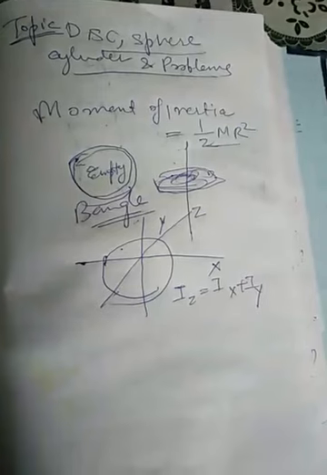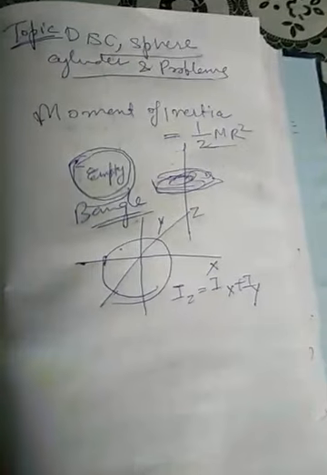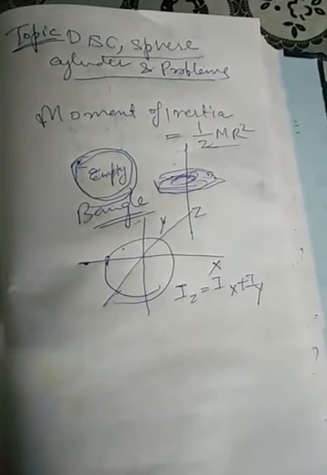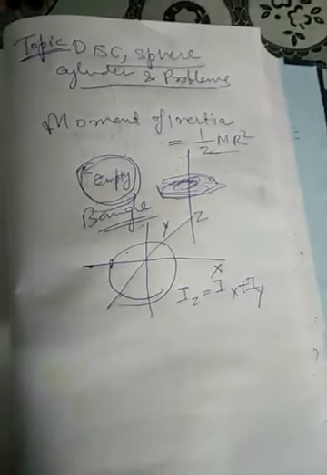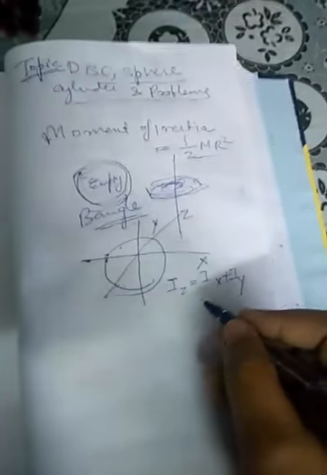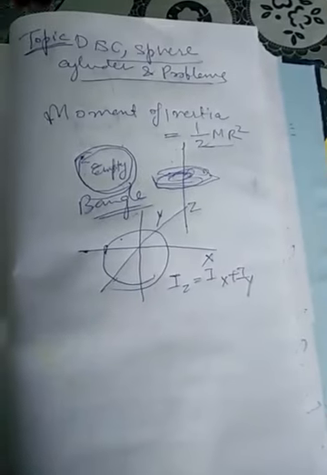Then we can find the moment of inertia of a disk about a tangent parallel to the plane, using the parallel axis theorem, and through the diameter, using the perpendicular axis theorem. For example, we can draw two diameters along the x-axis and y-axis, with the z-axis as well. The perpendicular axis theorem says the moment of inertia along the z-axis is equal to the moment of inertia along the x-axis plus the moment of inertia along the y-axis.